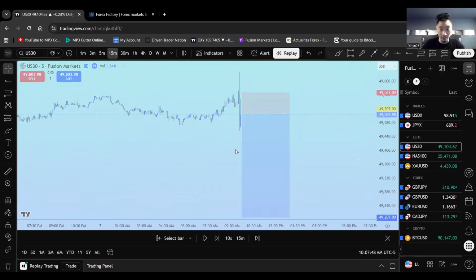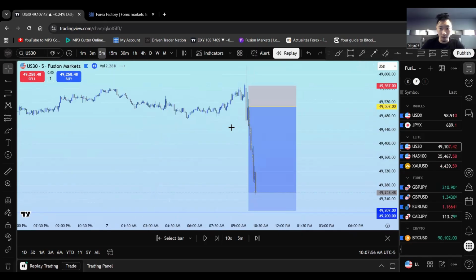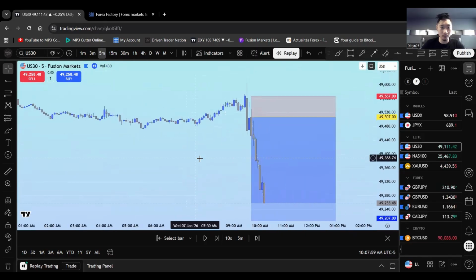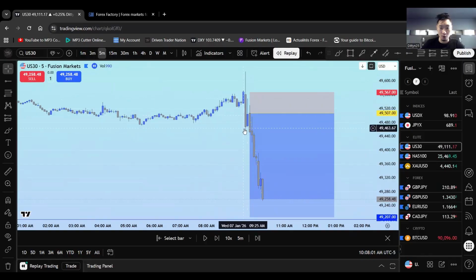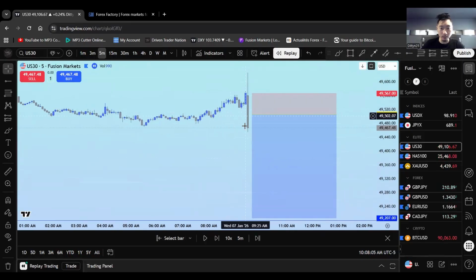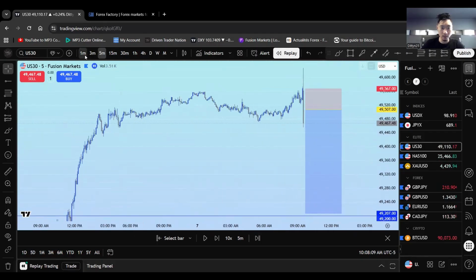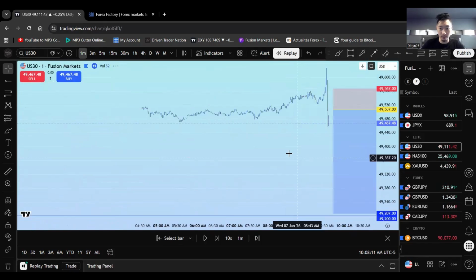And also in the 15 minutes. Look at the 15 minutes. See here? So drop, create that imbalance on the M5. Was looking for that break retest scenario. You're going lower, smaller time frame.